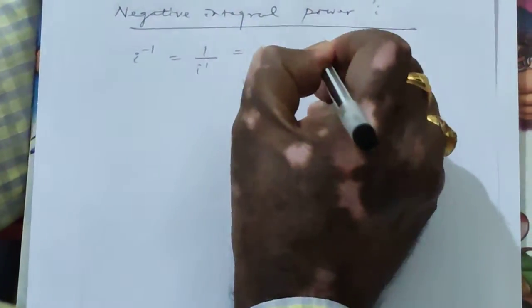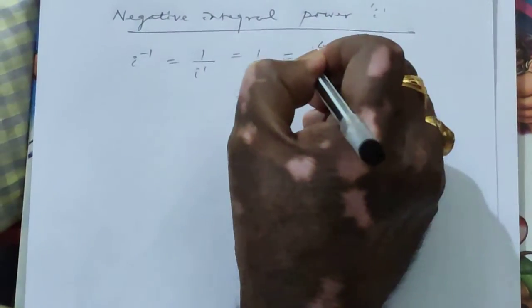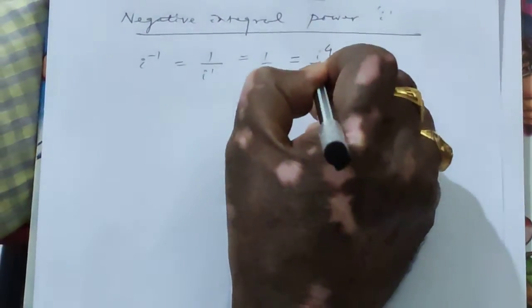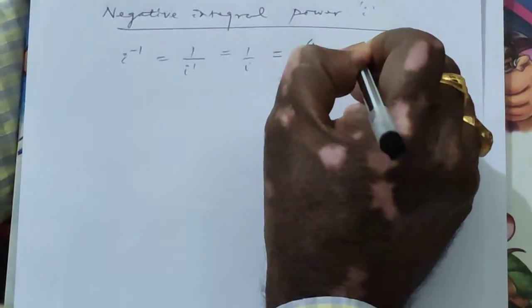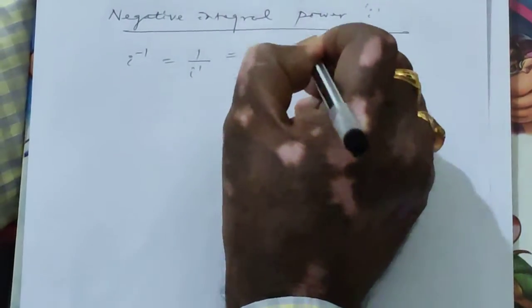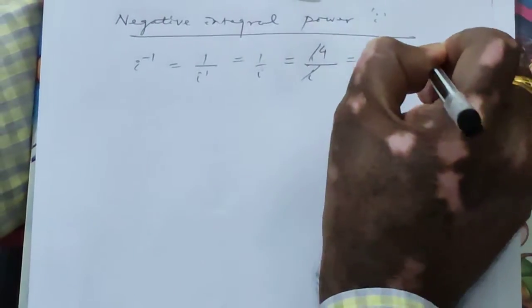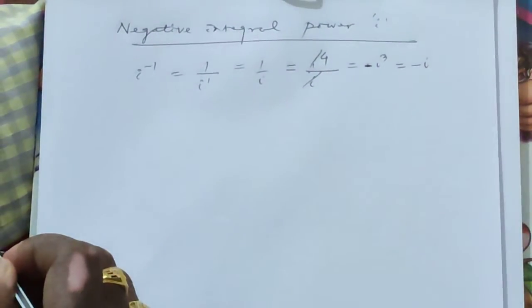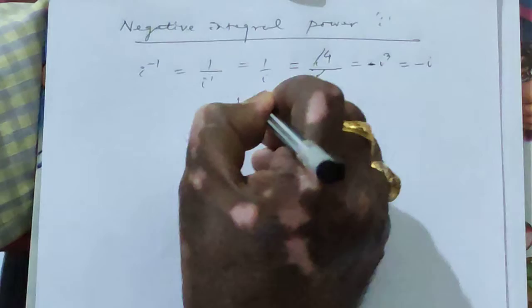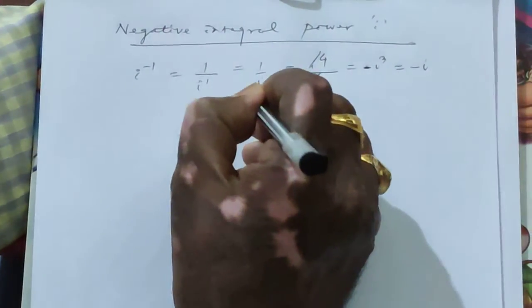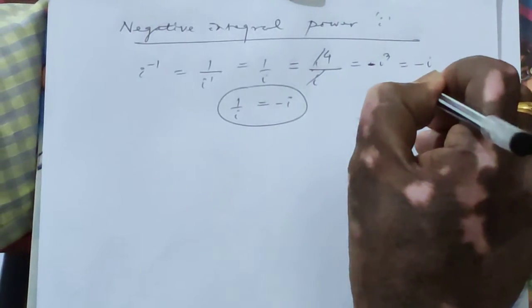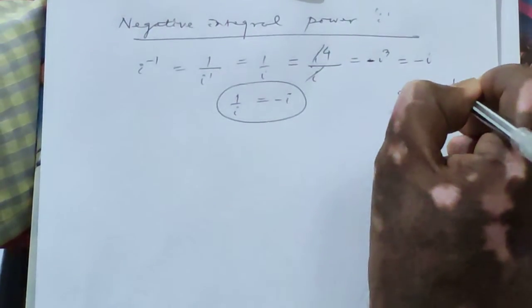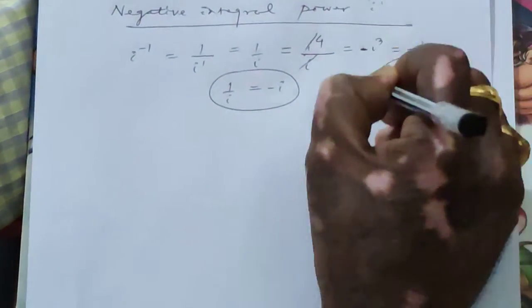We can write, instead of 1, i to the power 4 by i, equals i cube, equals minus i. So 1 by i equals minus i. a to the power minus n equals 1 by a to the power n.